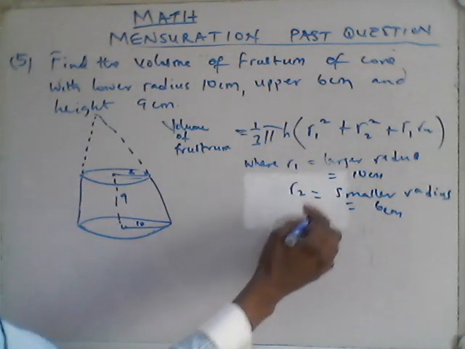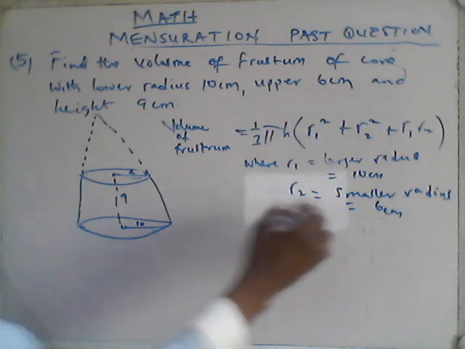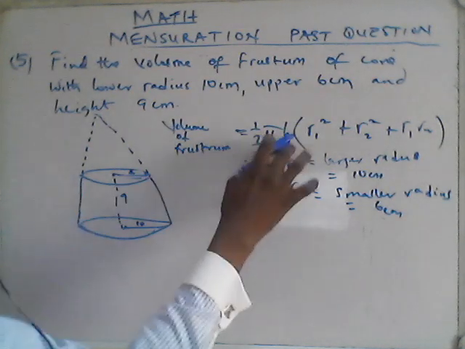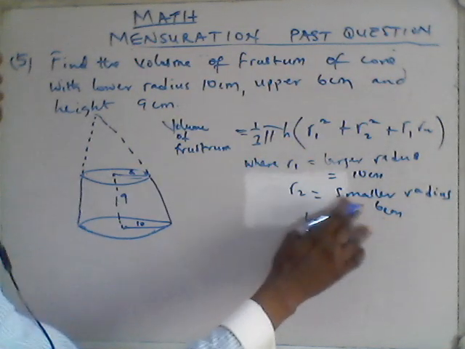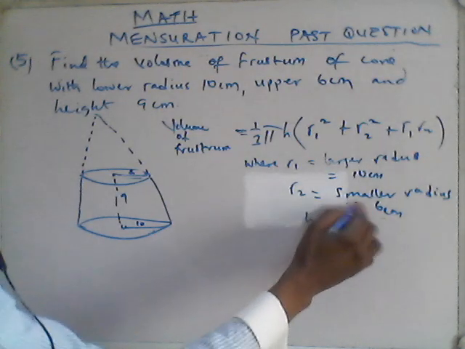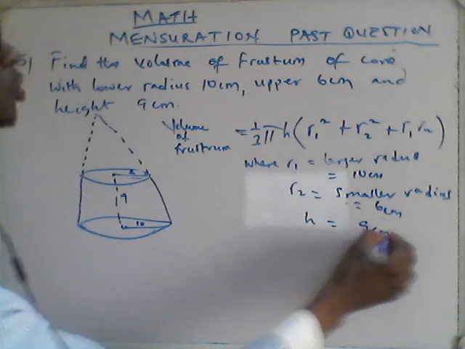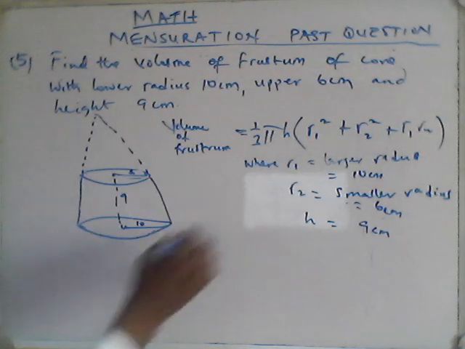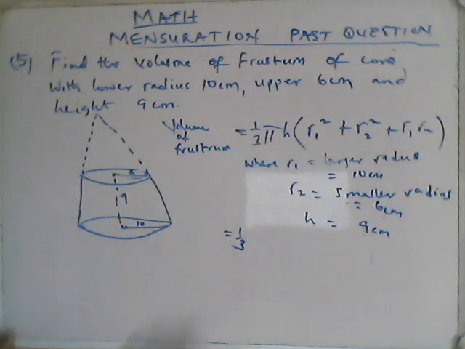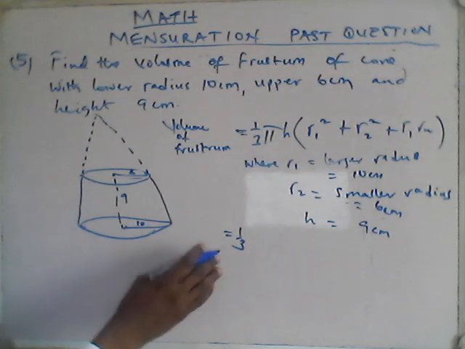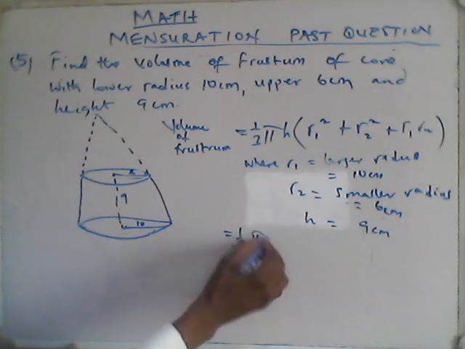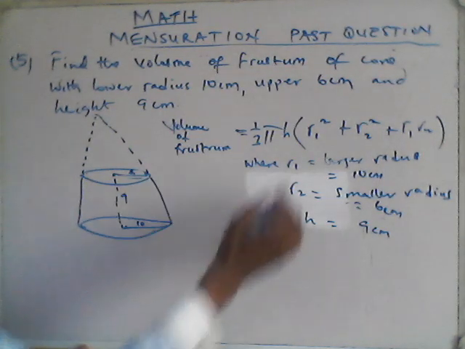Then, of course, I have height h. What's our height again? Our height is 9 cm. Having these parameters, I can plug into this formula. Volume is 1/3 times pi times height, which is 9.